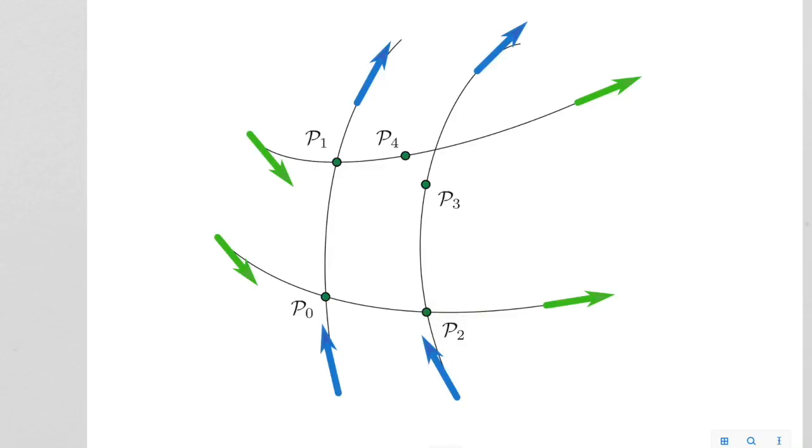Ultimately, we're going to discover that a significant distinction between P4 and P3 is related to the commutator of these two vector fields. We're going to basically prove the same fact, but in the context of curved spacetime.